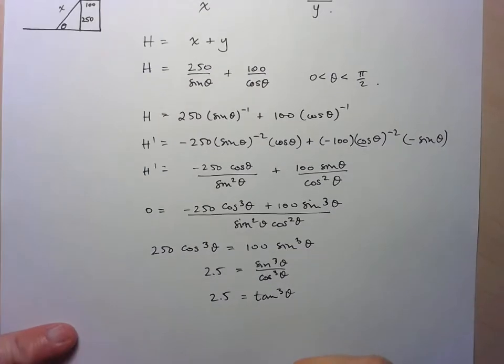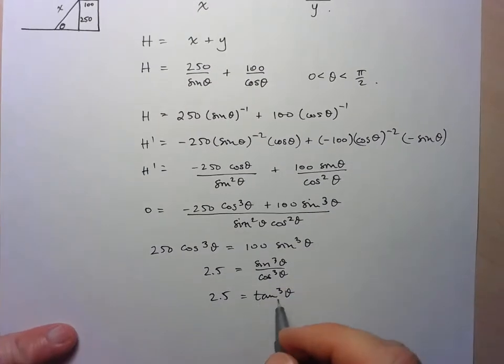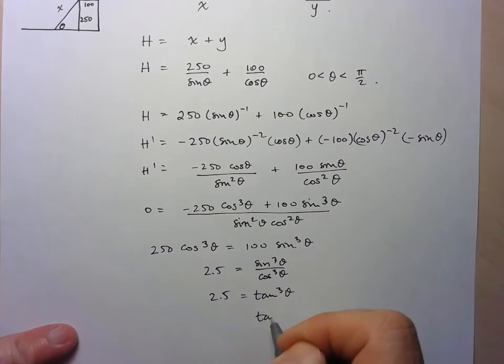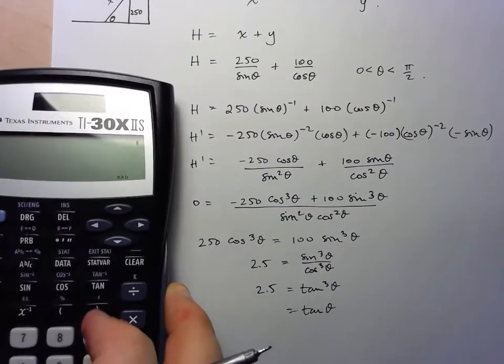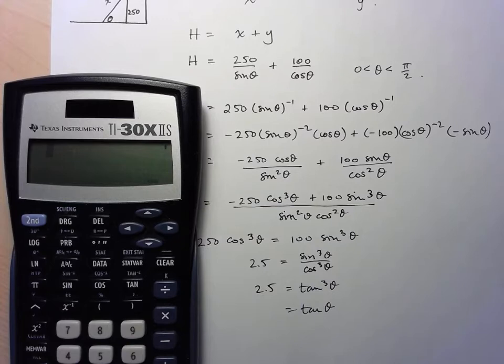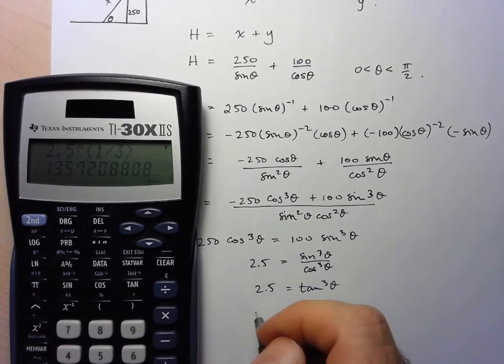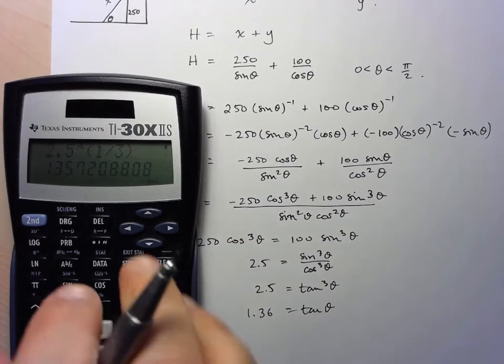Okay, so I can start solving by first taking the cube root. So tan theta is going to be equal to, and this is where I take my calculator and do 2.5 exponent 1/3, and we have about 1.36.